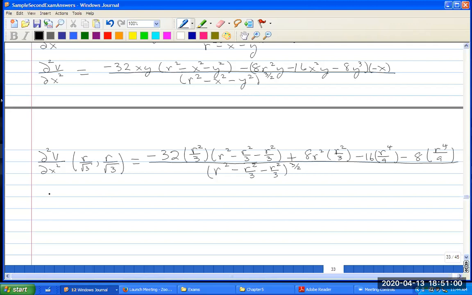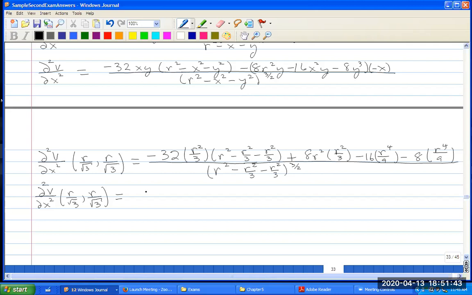So this is equal to, r squared minus, well, r squared over 3 and r squared over 3 is 2r squared over 3. And so r squared minus the 2r squared over 3 is r squared over 3.